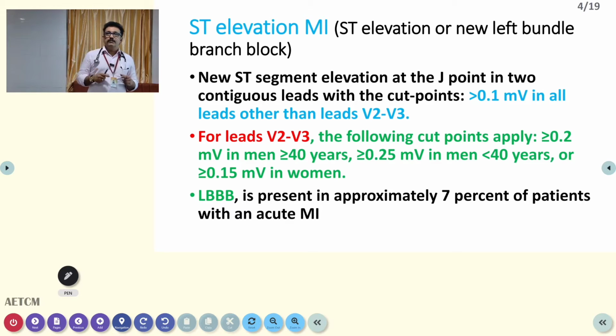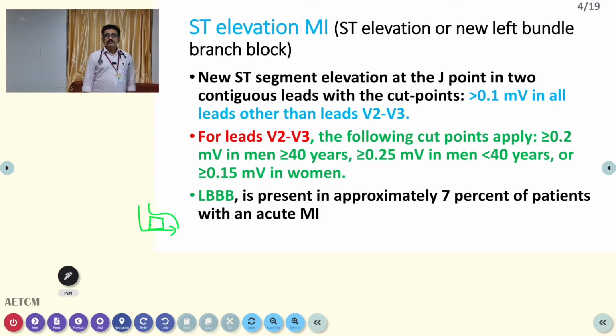So two contiguous leads with 0.1 millivolt in all leads other than V2 and V3. 0.1 millivolt is 1 small square. If the normal ST is here, 1 square is 0.1 millivolt. If it is more than that, it is a significant change.